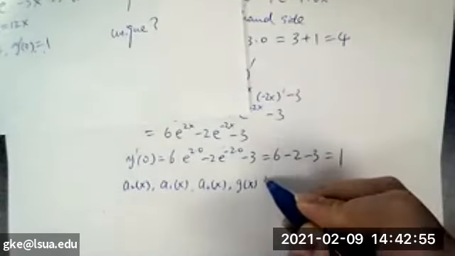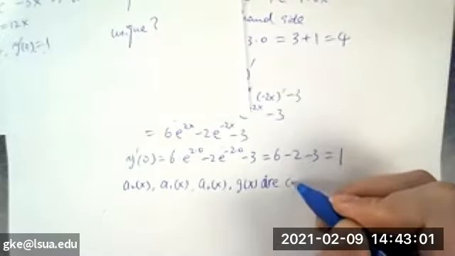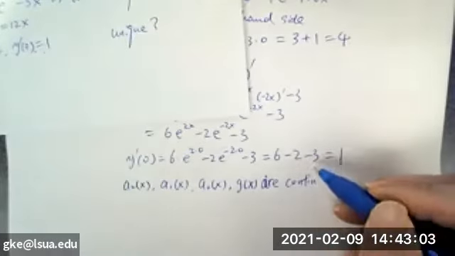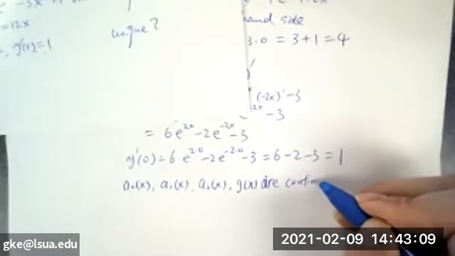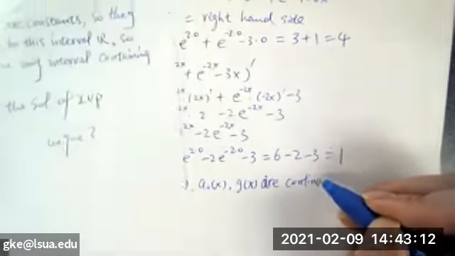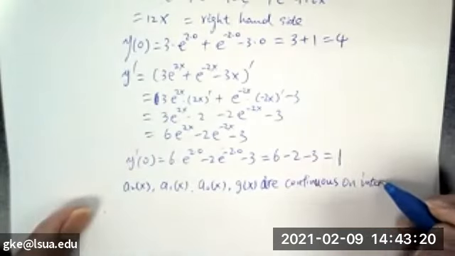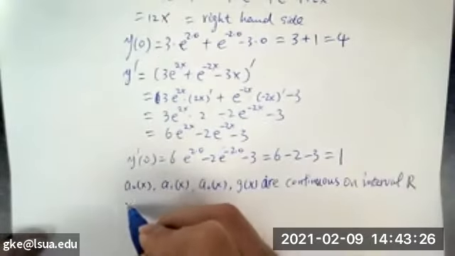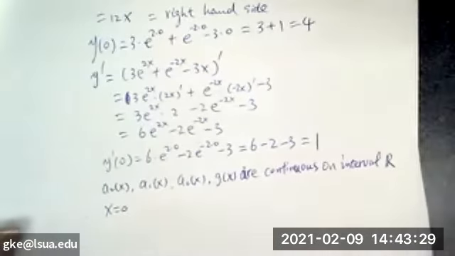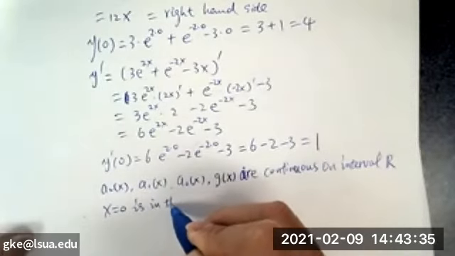So these are continuous on the interval R, and x equals 0 is in this interval.